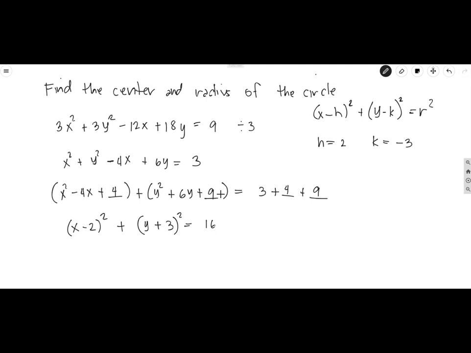Why does it become negative? Because it is x minus h, therefore negative 2. Here is plus, right? So negative times negative becomes positive. That is the reason why k is equal to negative 3. So therefore, the center is in quadrant 4, a positive and a negative value.